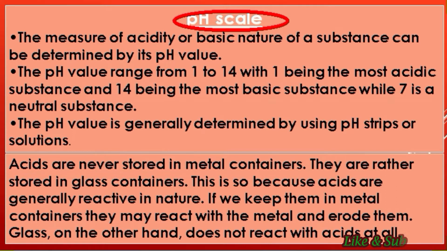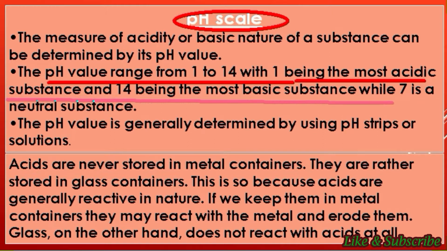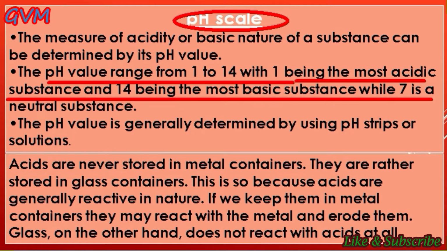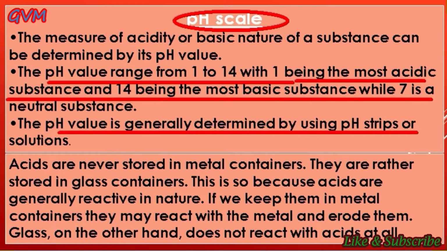And students, in this pH scale, the pH value generally ranges from 1 to 14, where 1 being the most acidic substance and 14 being the most basic substance, while 7 is a neutral substance. And the acidity or basicity of a substance is generally determined by using the pH strips or pH solution.